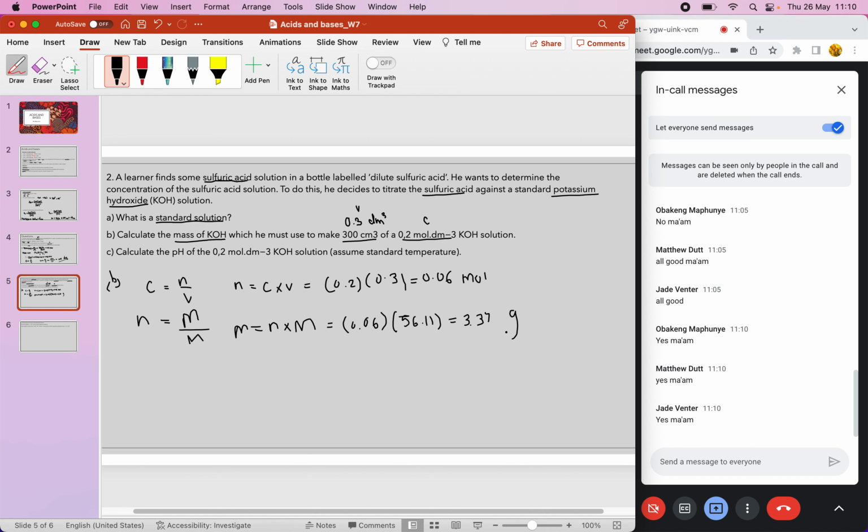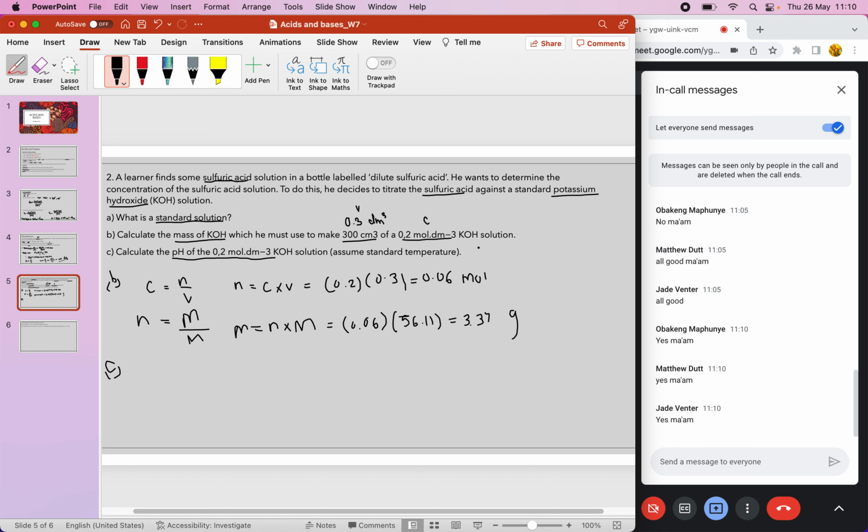Okay, now let's go to the pH. I hope I still have time to explain this. C says calculate the pH of 0.2 moles per dm cubed potassium hydroxide solution. Assume standard temperature. So for C, we need to calculate the pH.